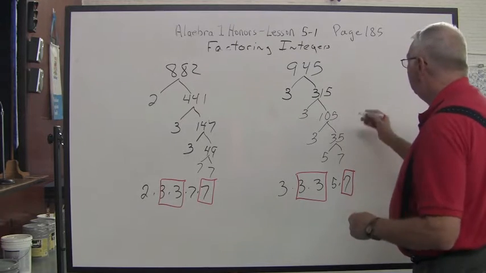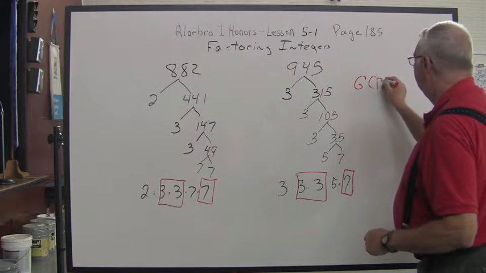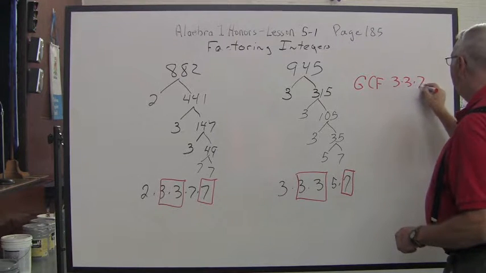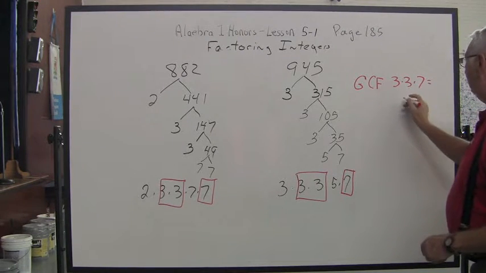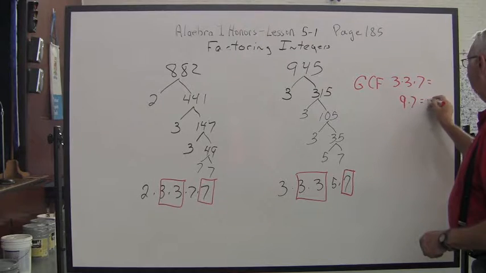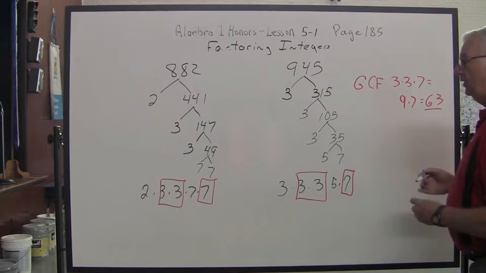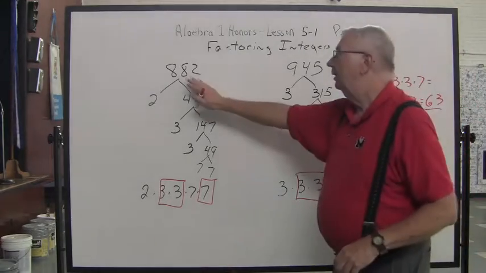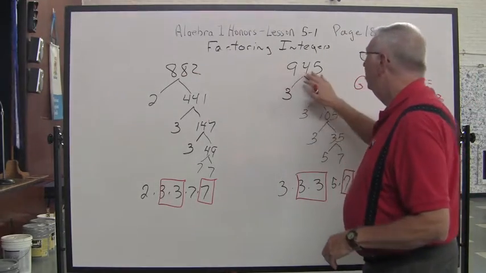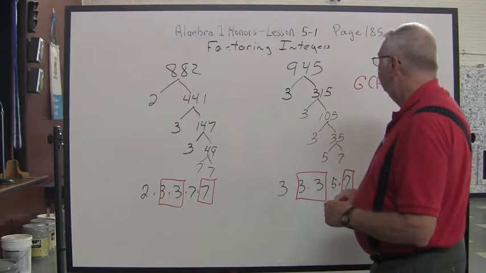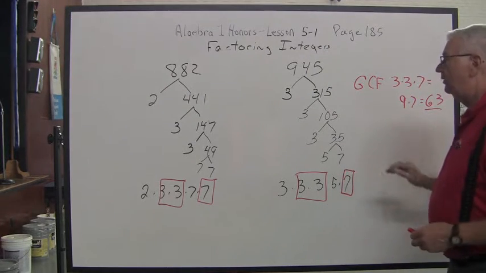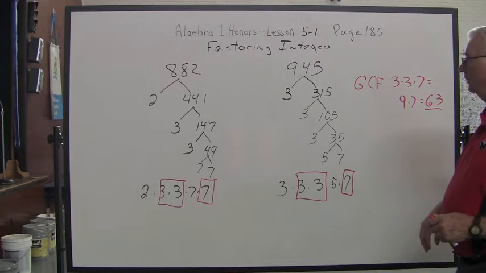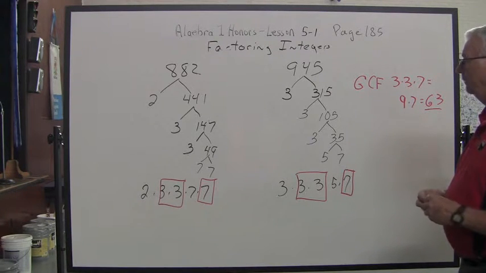So my greatest common factor is going to be 3 times 3 times 7. 3 times 3 is 9 times 7, which would be 63. And so the greatest common factor of 882 and 945 would be 63. Now, where in the world would you ever use all of this?